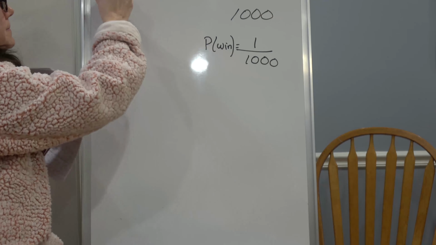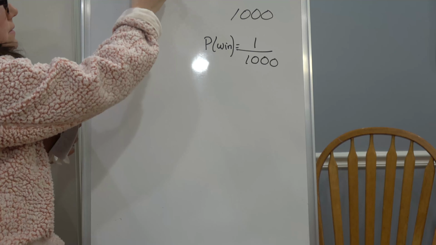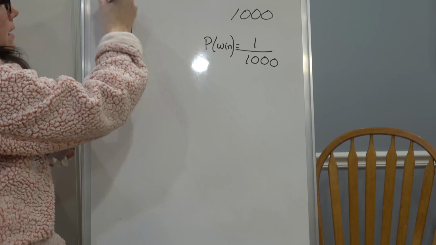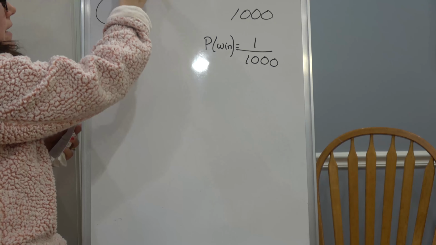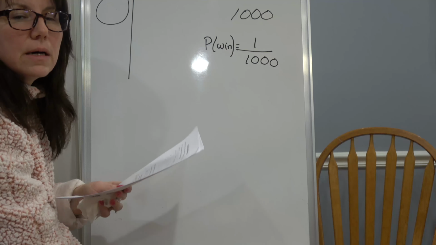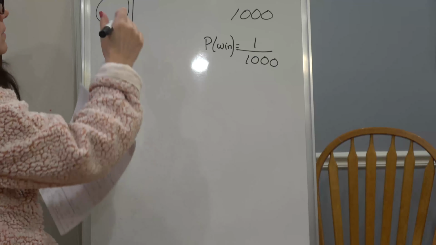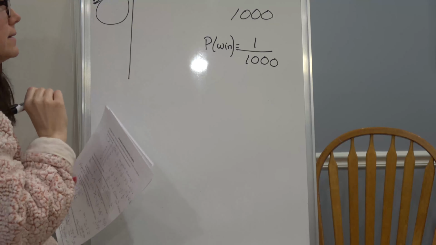So when you make the distribution for this, what you're actually doing is thinking of the payout. And I like to think of the payout after I play. So I just paid the $1. So if I win, what am I really winning?